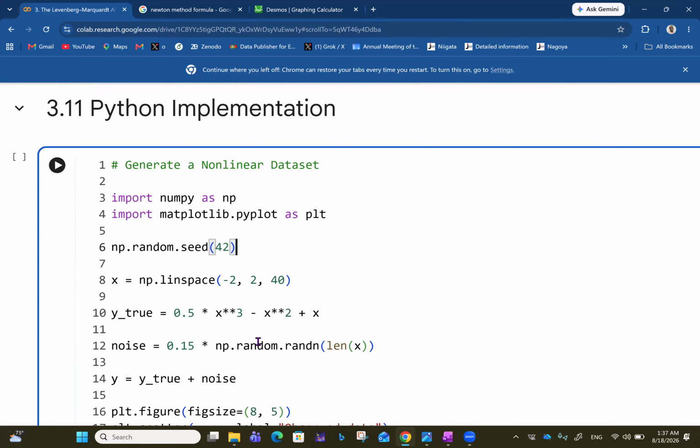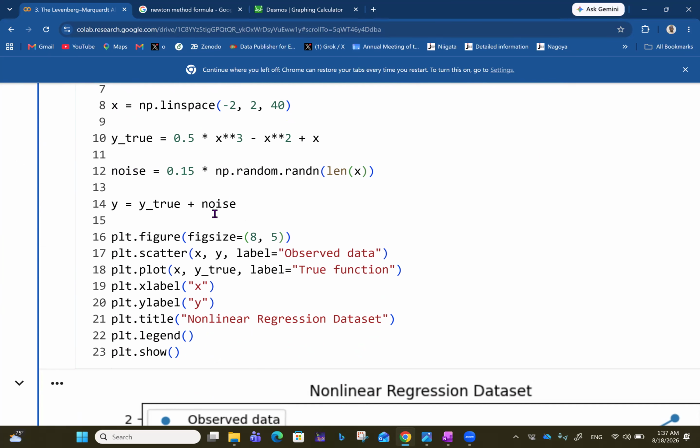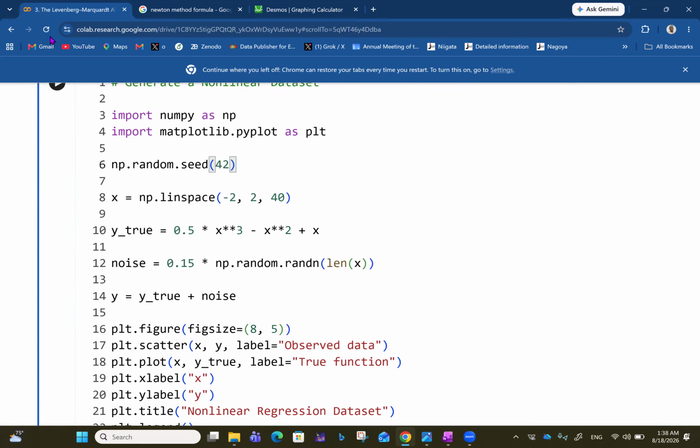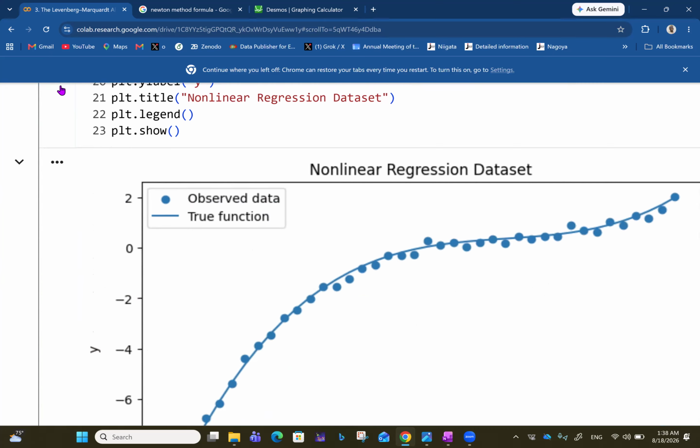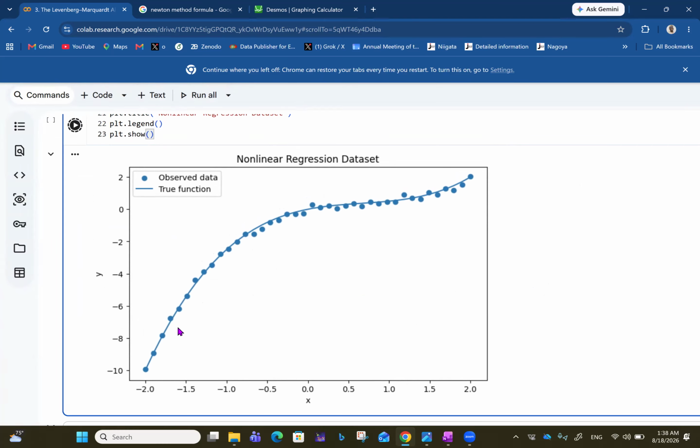And we add some noise. So we have 0.5 plus random noise, taking the length of that x, and then the actual y is the true y, which is this, plus the noise we have added. Then if we plot that, we have that right here. You have the x values and the y values here.